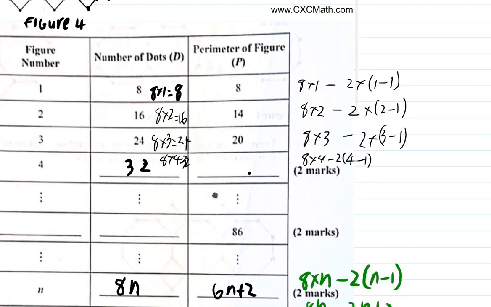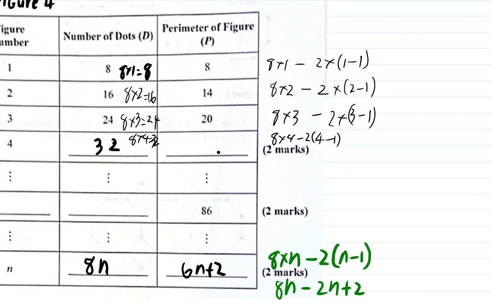Now the thing is, when we look at this, will it amount to the same 6n plus 2? 6 times 1 is 6, plus 2 is 8. Okay, that gives us figure 2: 6 times 2 plus 2, 6 twos are 12 and 2, 14. We get that. Figure 3: 6 times 3 plus 2, 6 threes are 18 plus 2, 20.